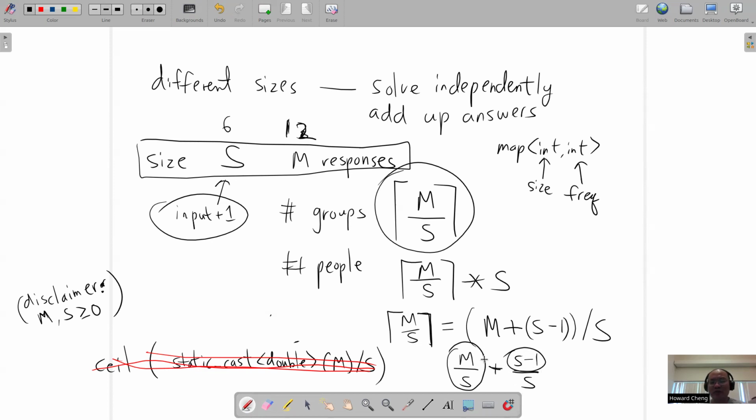If you have a bigger remainder, it will still push it up to 1, something bigger than S divided by S, but it can never push it up to more than 2S, because the biggest remainder you can get here is S minus 1. So the biggest thing you can get over here is 2S minus 2, which when you divide with standard integer division and round down would just be less than 2. So it will just be down to 1. So this trick is used to divide and round up integers using only integer operations.